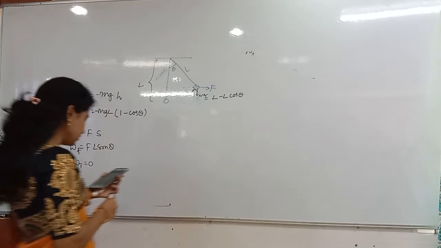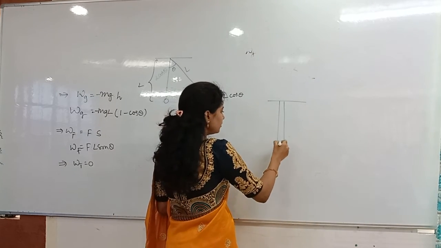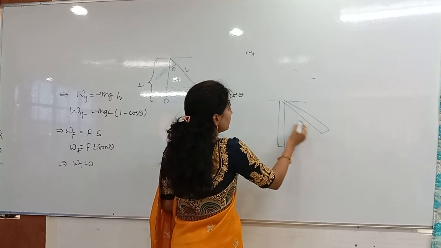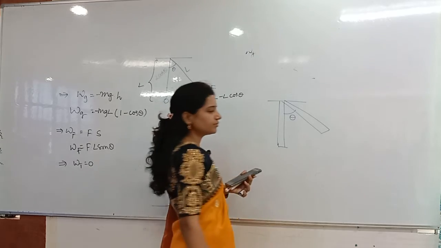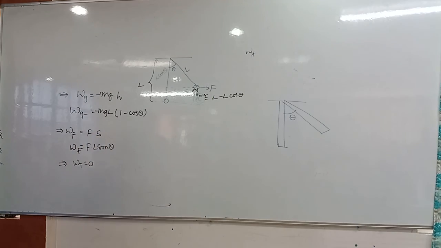Mass m and length L through an angle theta. This was the uniform rod. Now you are pulling this one. It is making angle theta here. Now you have to find out the work done by the gravity. The uniform rod of mass, how much did they say? M.